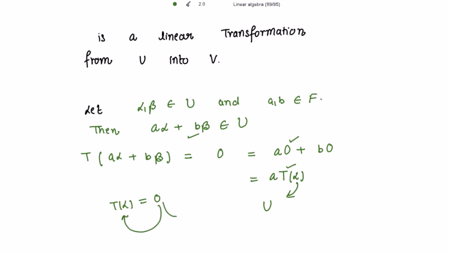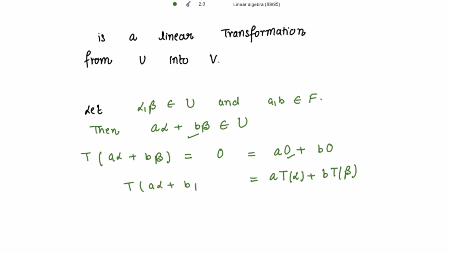We can also write 0 as T beta. So this holds for all the elements belonging to U. So therefore we have written T alpha for this 0 plus b into, let me take this 0 to be T beta. So we have shown that T of a alpha plus b beta is equal to this, which is the definition for the linear transformation.